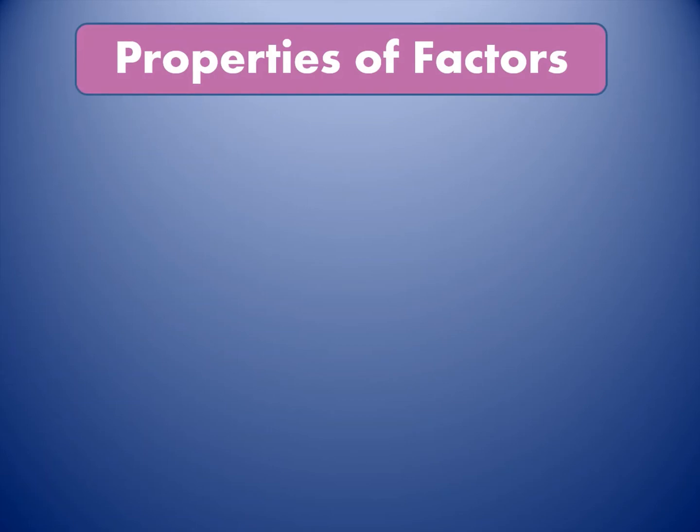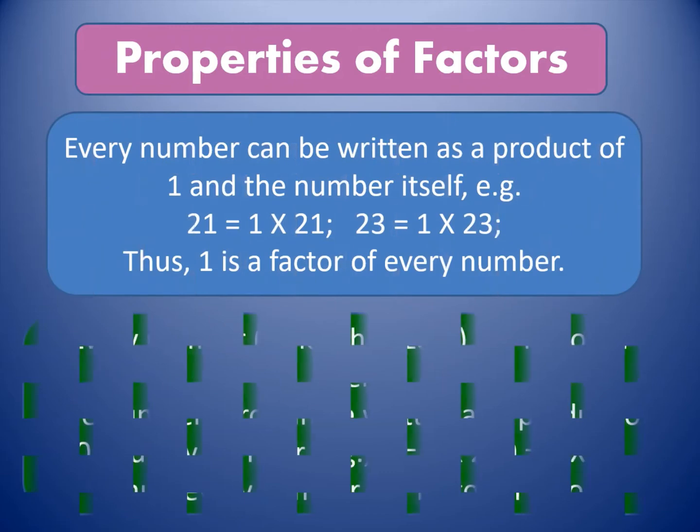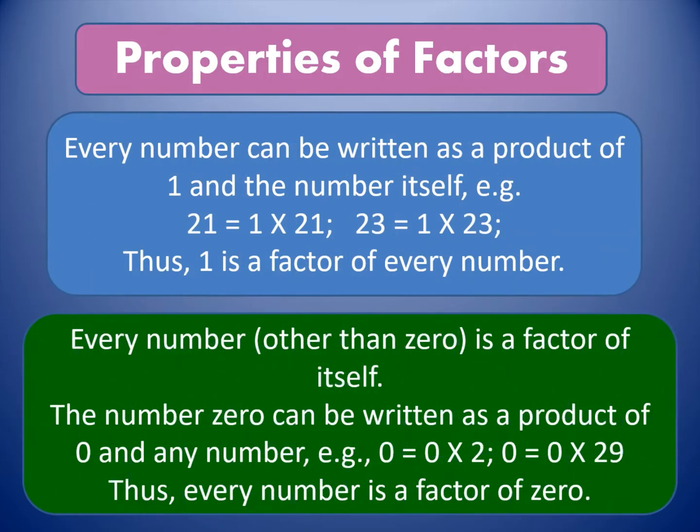Properties of factors. Every number can be written as a product of 1 and the number itself. For example, 21: 1 multiply 21.